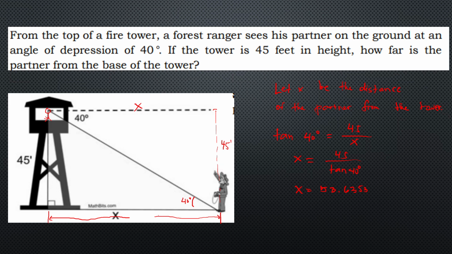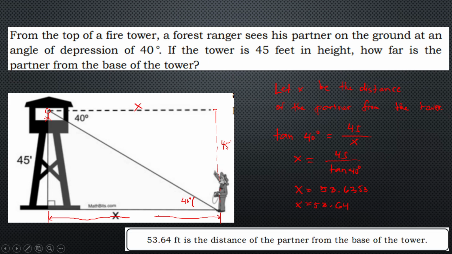We just settle for 2 decimal places. X therefore is 53.64. In sentence form, we say the distance of the partner from the base of the tower is 53.64 feet. Again, if you have questions, feel free to comment in the comment box.